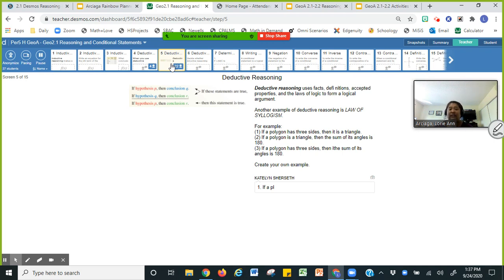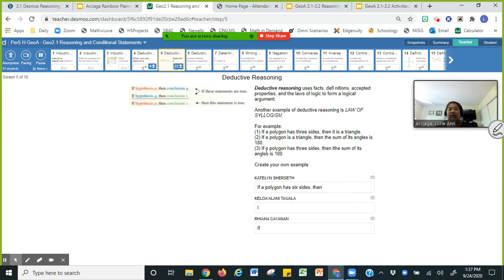Okay, so law of syllogism. For example, the first statement is, oh, by the way, they don't go like number 1, number 2, number 3. I just wrote the numbers so you would know the order. The first statement is, if a polygon has 3 sides, then it is a triangle. That's one conditional, right? One if-then statement.